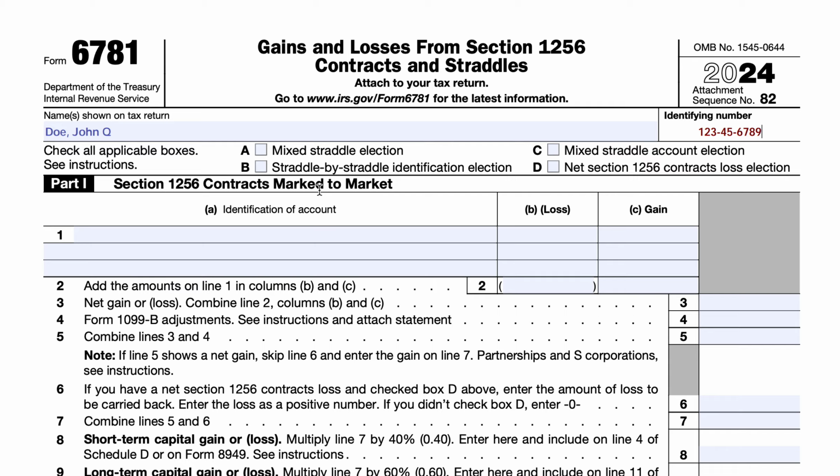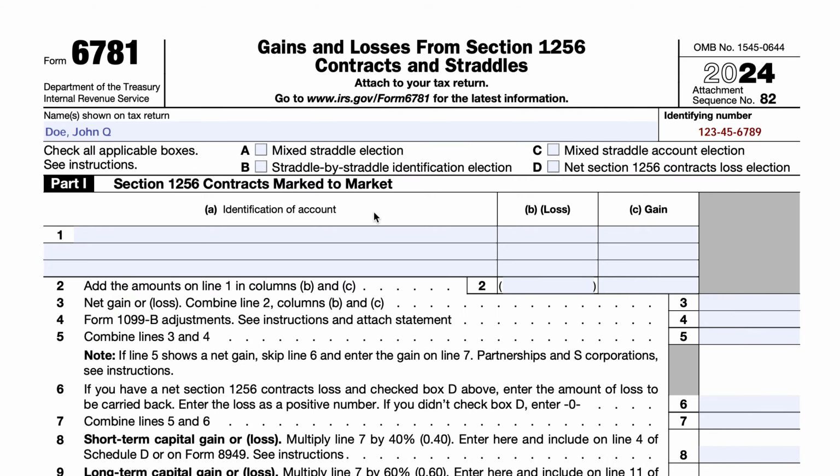So, box A, mixed straddle election. Under Internal Revenue Code Section 1256(d), you can elect to have the mark-to-market rules not apply to Section 1256 contracts that are part of a mixed straddle. And a mixed straddle is one in which at least one, but not all, of the positions is a Section 1256 contract.